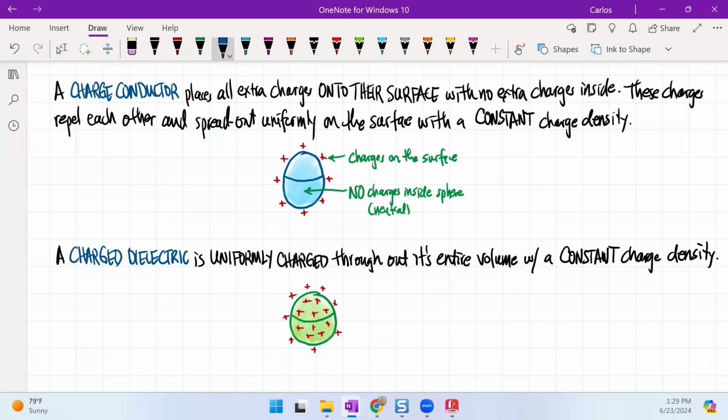So we're seeing in this situation that there are charges both on the surface and inside of the sphere in this case.